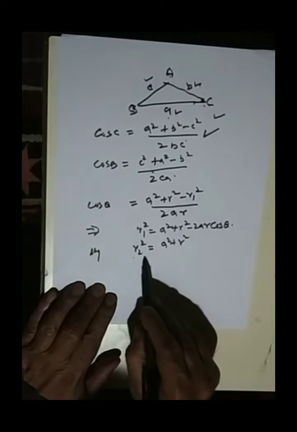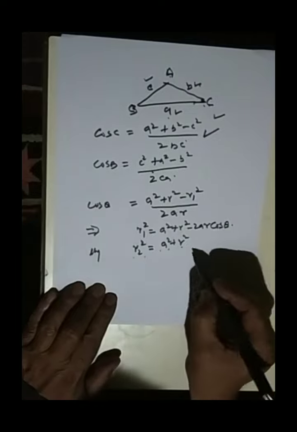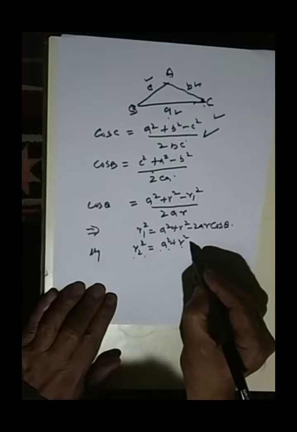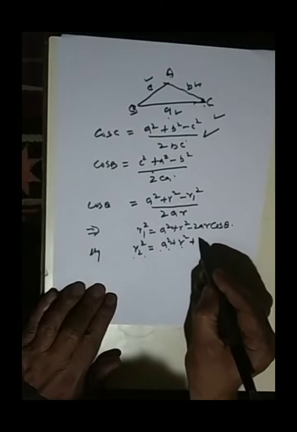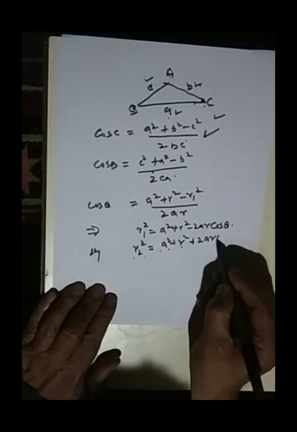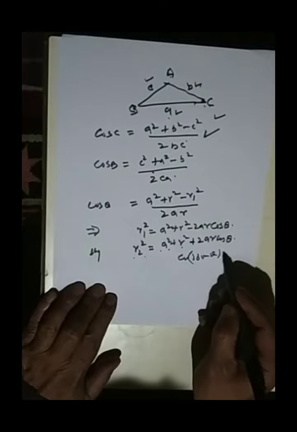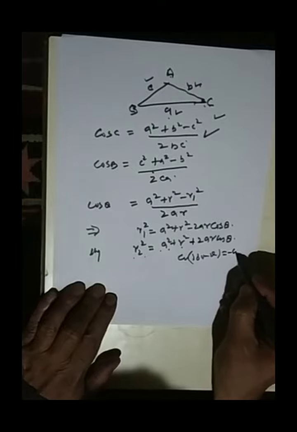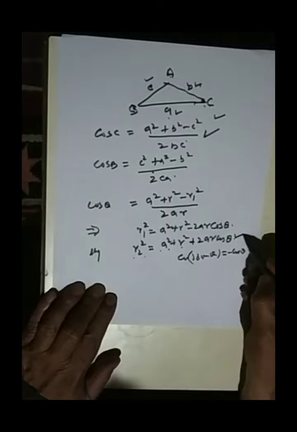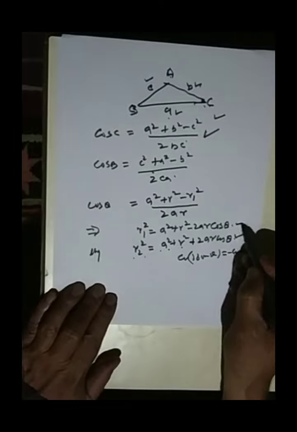Now R2 square will be equal to A square plus R square plus 2AR cos theta, because cos of 180 degree minus theta is equal to minus cos theta. So on applying we get this. So this is equation number 2 and equation number 3.